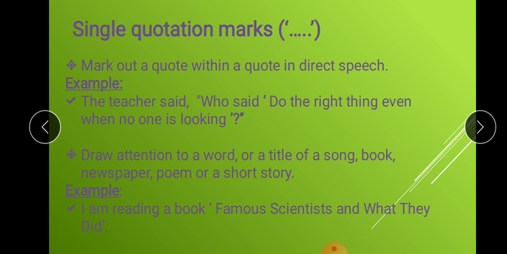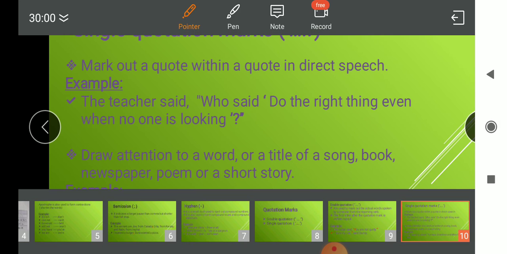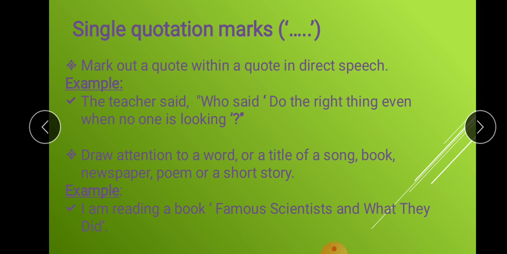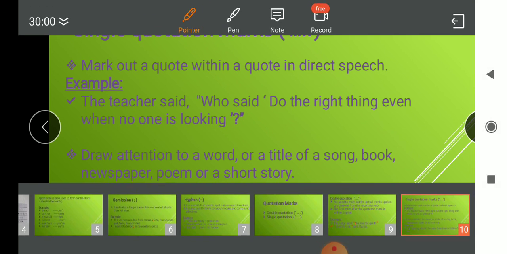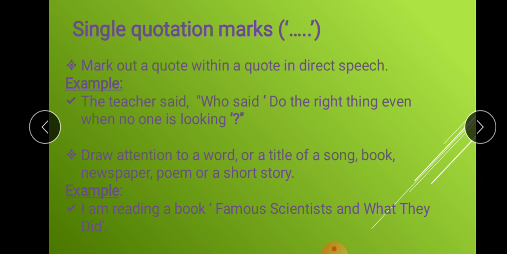Now this is within the quote. The teacher has said this sentence and within that she has said this quote. So it will be written in single quotation marks here and here. After that we'll put a question mark as it is a question and we'll close the sentence using the double quotation mark.